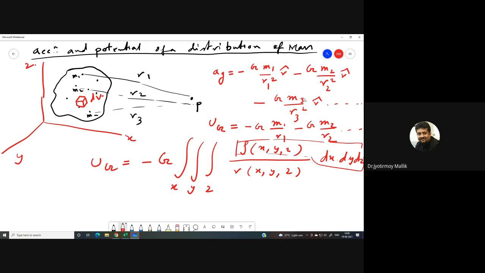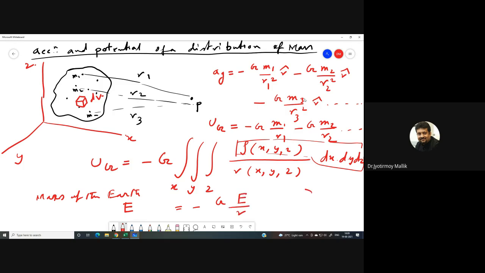So if we think that the total mass is the mass of the earth, so if I say the mass of the earth is capital E, then we can write down this expression as minus G capital E by R. Okay.